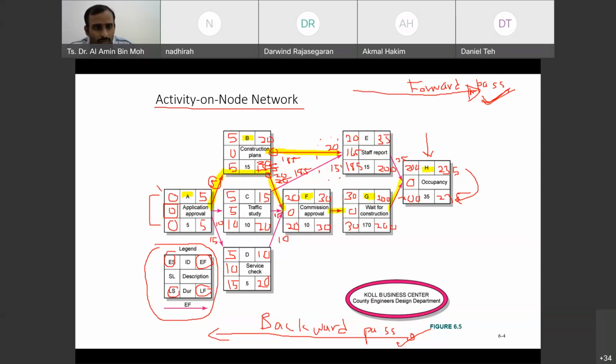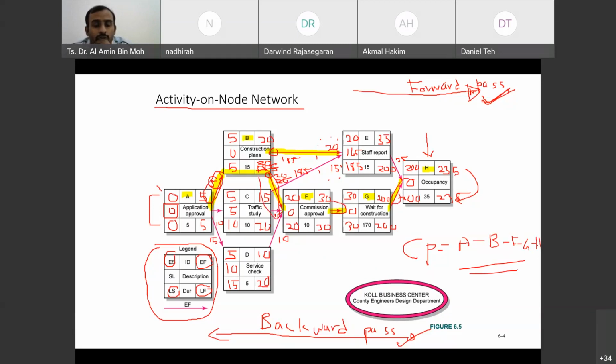So if we ask you what is the critical path, you should be able to say A to B to F, G, and H. So this is the critical path.